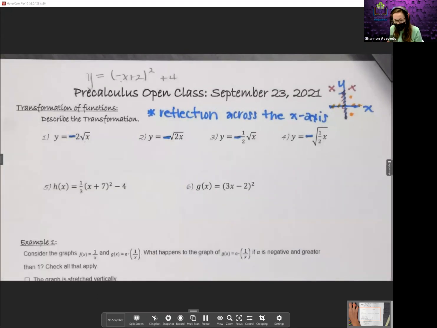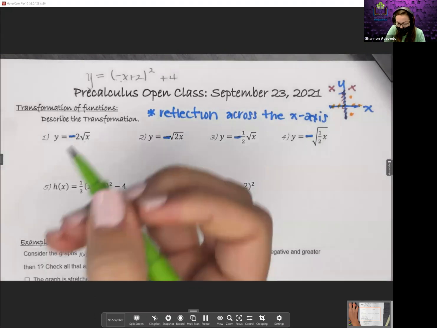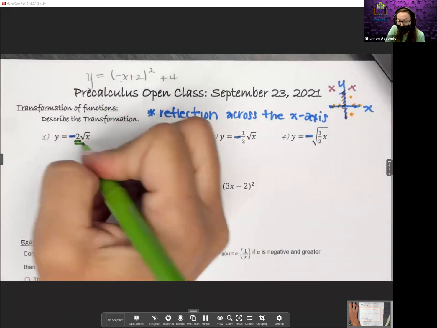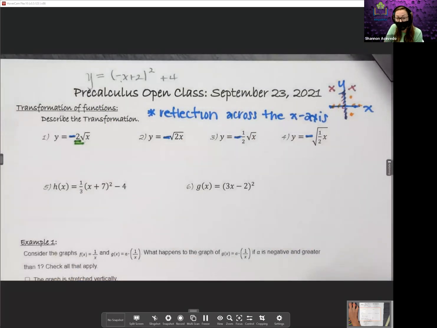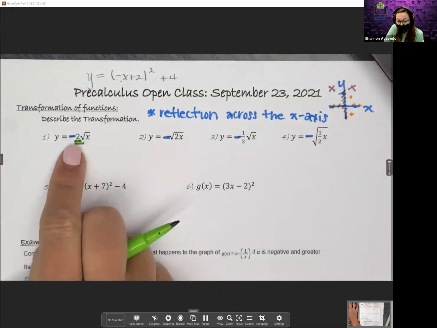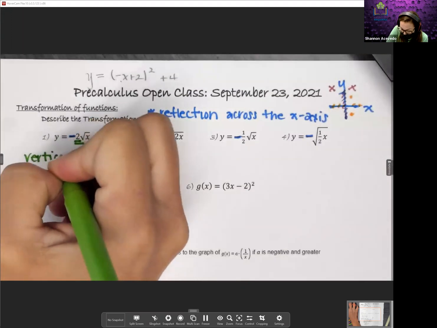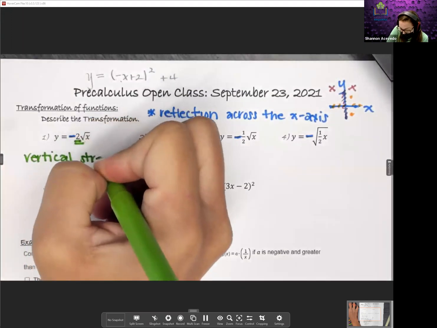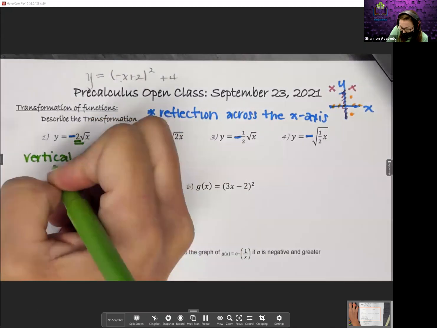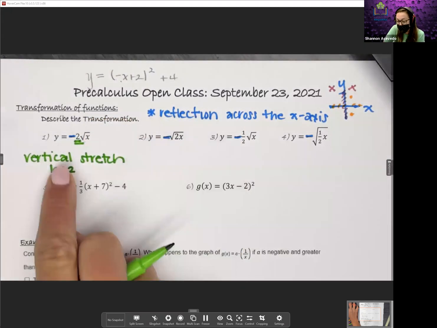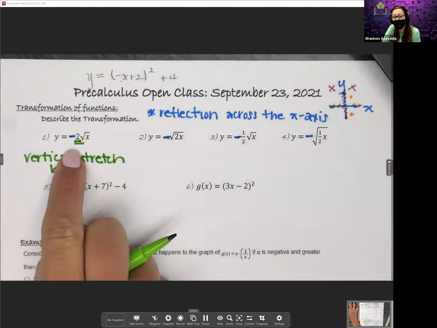The next piece to these is this number out in front. This 2 out in front, if it's greater than 1, we say it is a vertical stretch, and in this case, a stretch by 2. So the number out in front talks about something being vertical.